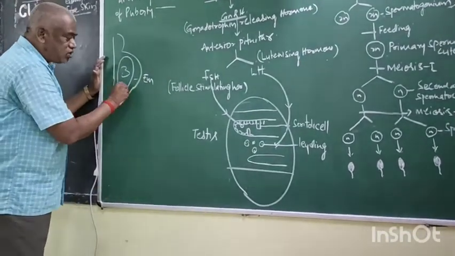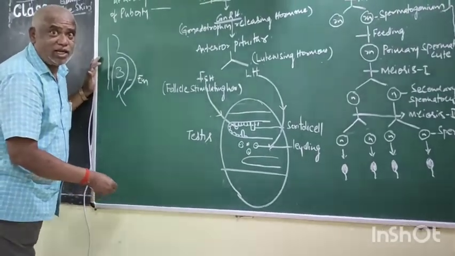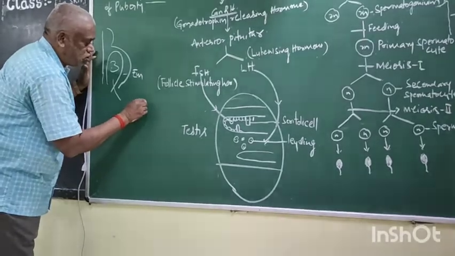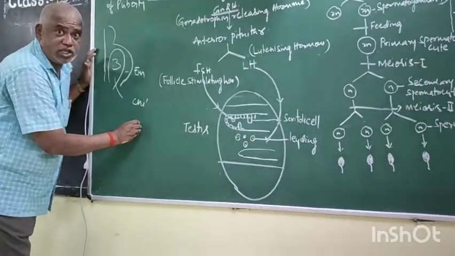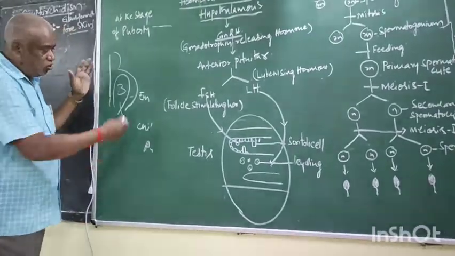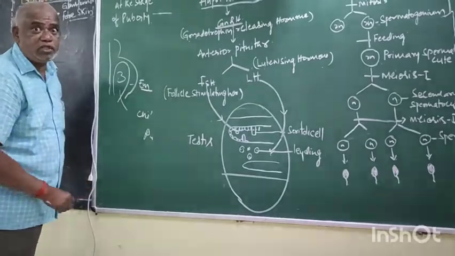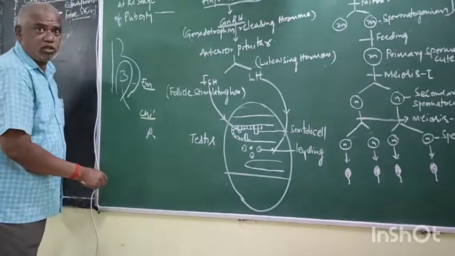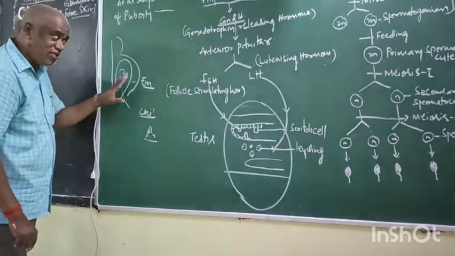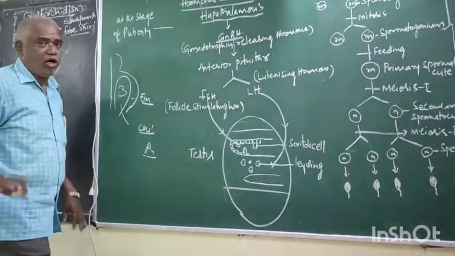After 9 months, you come to the outside. That is the childhood stage. After the childhood stage comes puberty. So you take the 3 stages, either boy or girl: embryonic stage, childhood stage, puberty stage. Just keep these 3 stages in your mind.